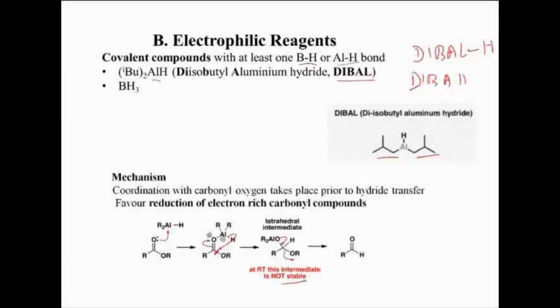This intermediate is not stable at room temperature, so this reaction has to be carried out at a lower temperature, that is minus 78 degrees Celsius. The reaction is efficient only if it is carried out at very low temperature. The beauty of the thing is that the reaction stops at the aldehyde stage, but it has to be carried out in a controlled manner.